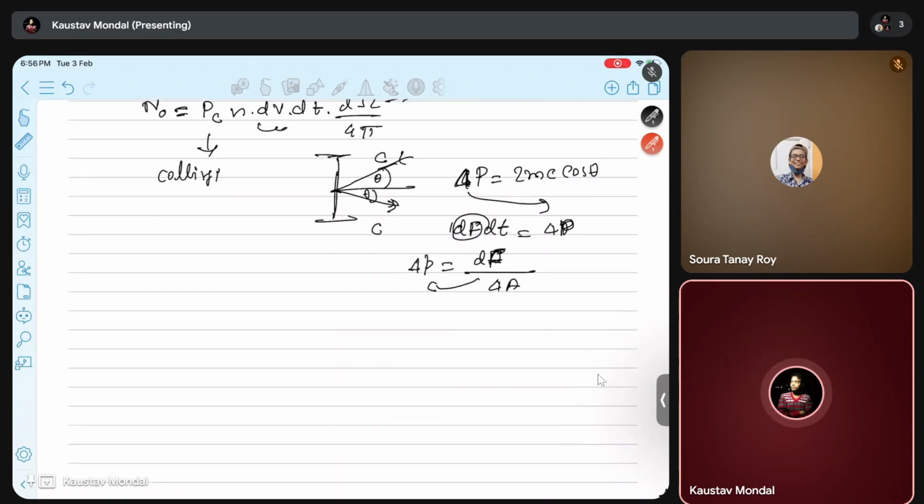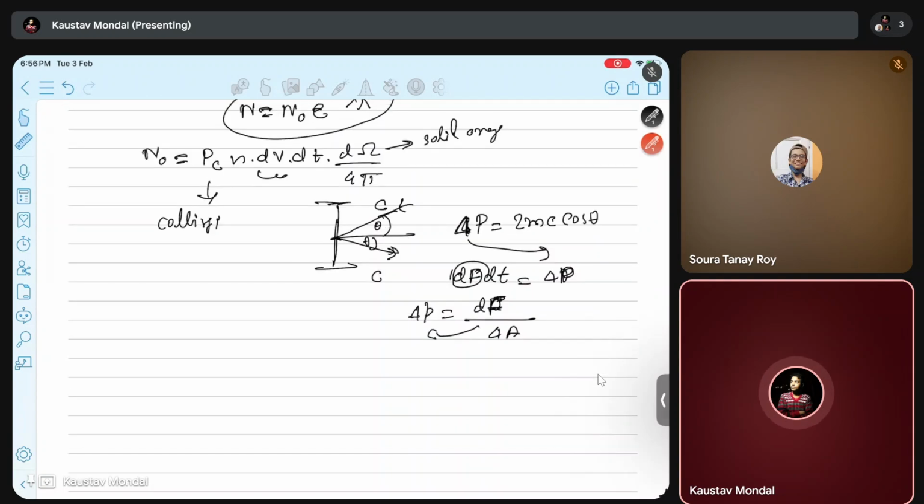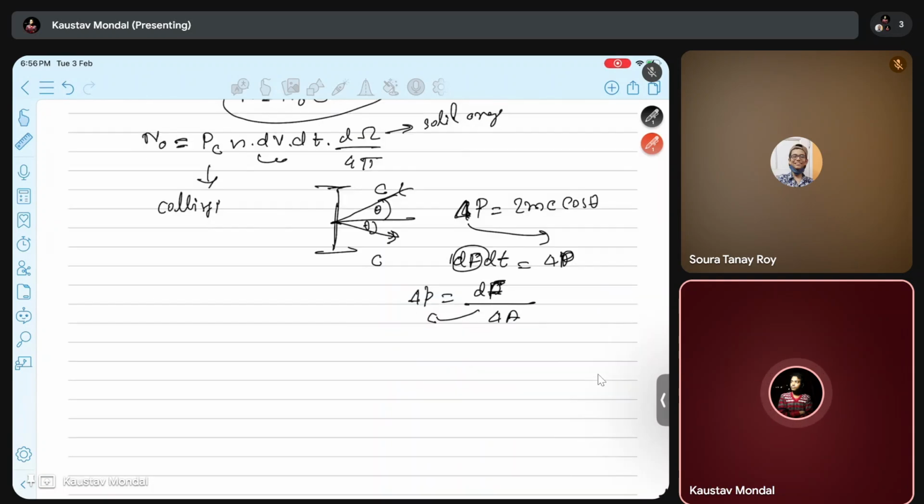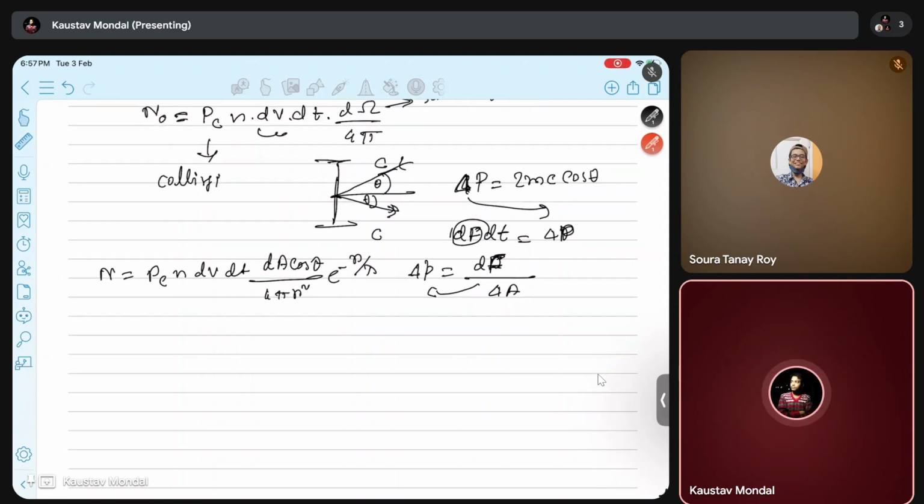This is for a single molecule, and the total number of molecules is given by this n. This is a very big expression: Pc into n dV dt dA cos theta by 4 pi r squared into e to the power minus r by lambda.